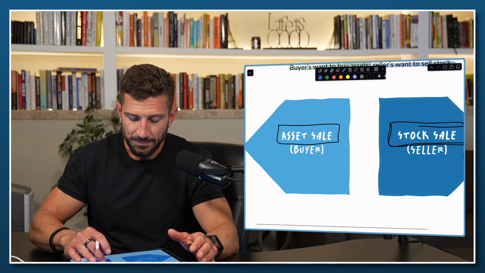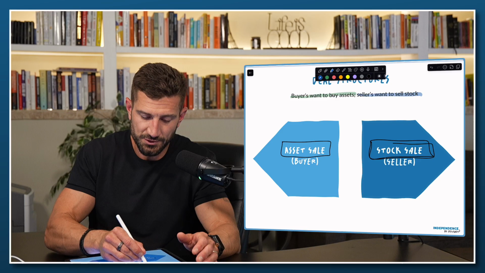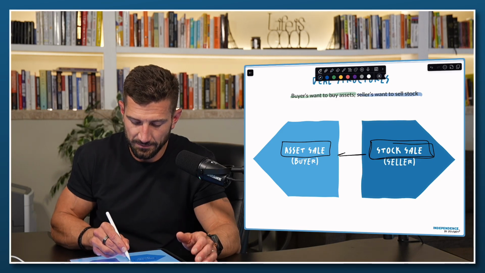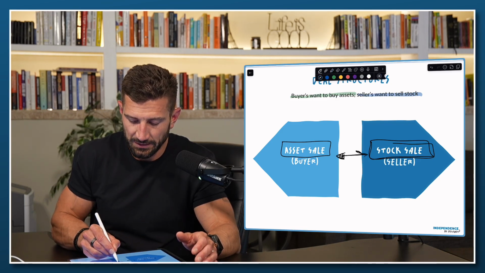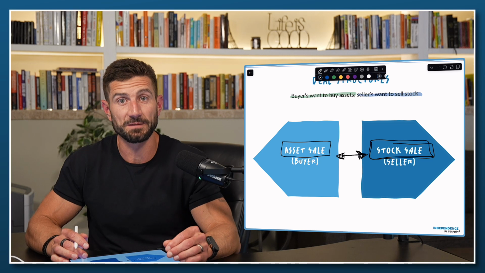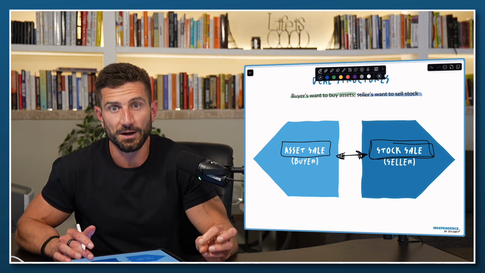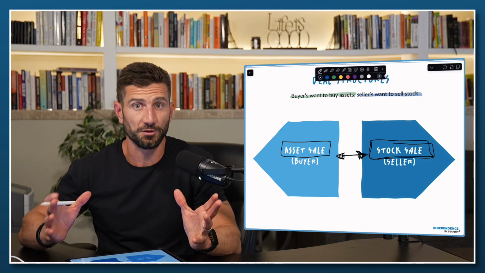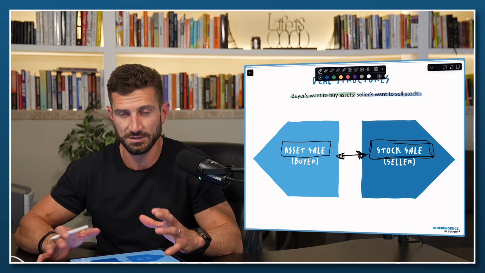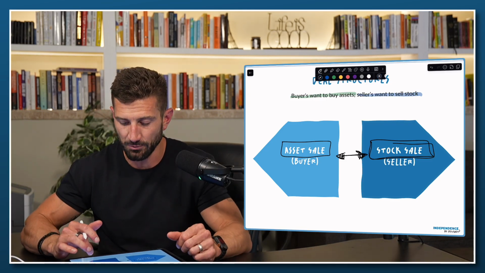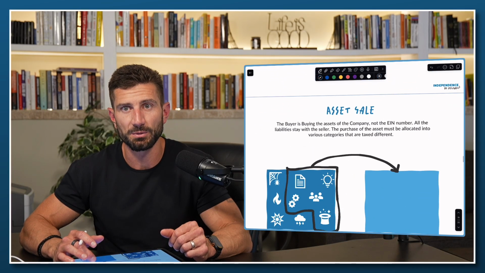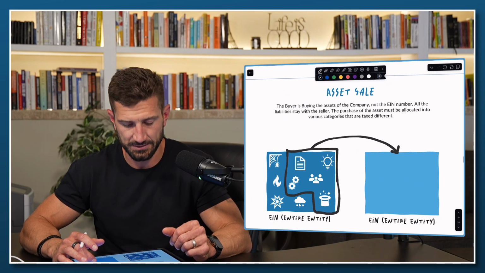This is why the tension exists right at the forefront, because neither of these people want the same thing. There are different rules, and they've changed over the years as I've done this. It's called the 338(h)(10) that used to exist to help bridge the gap. But here's why this is happening at the highest level.